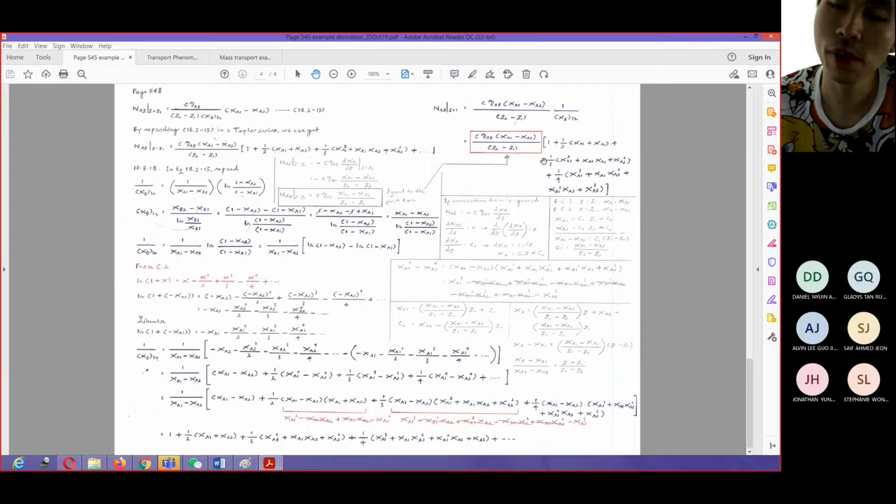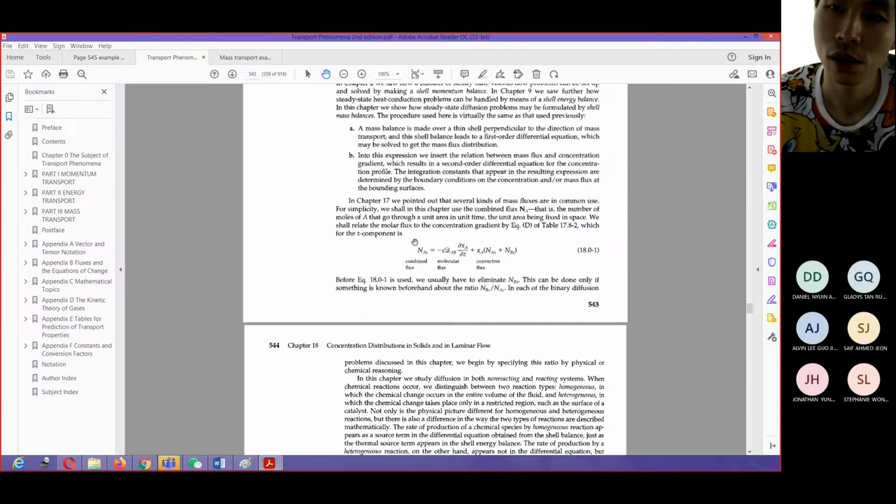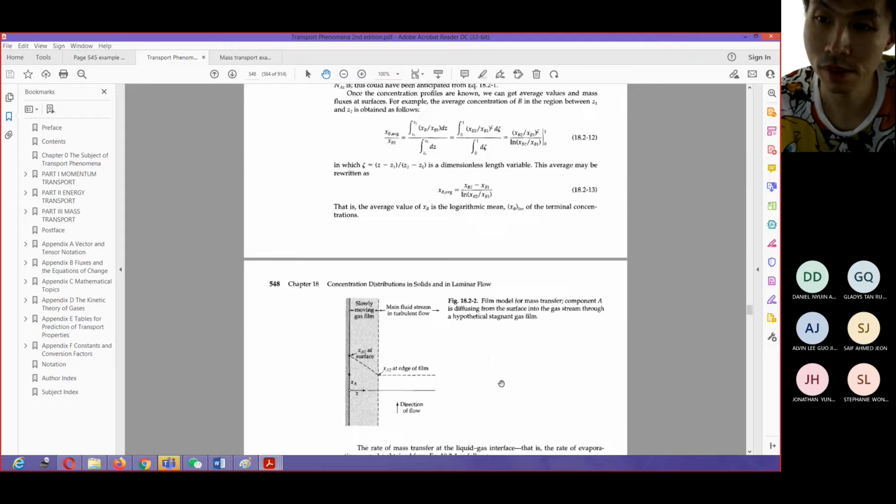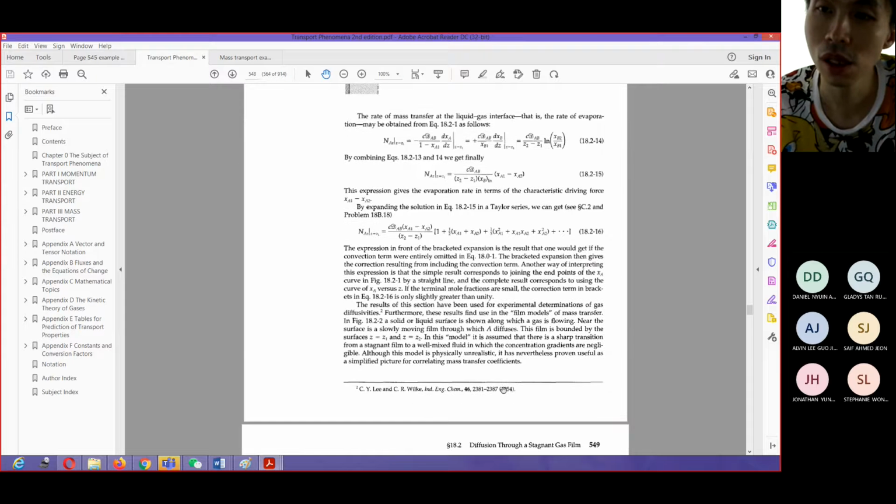So if you manage to get this and express it in terms of these things, then the second term, the third term, the fourth term, and the subsequent terms are basically acting as correction terms for your molecular flux. That's basically what is implied by the Bird book here.